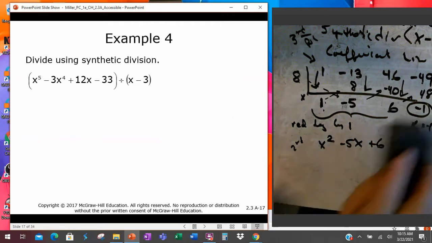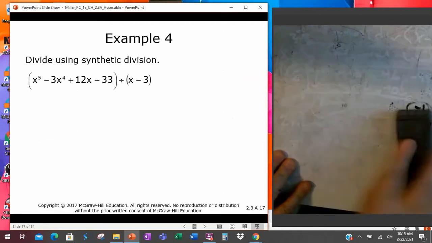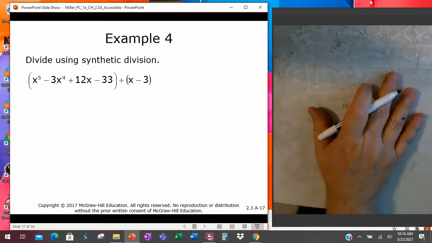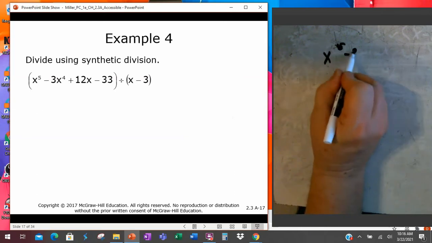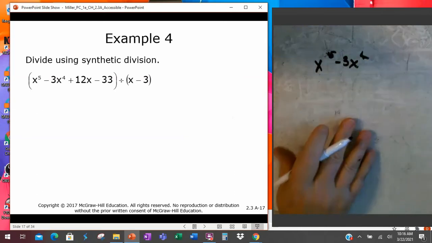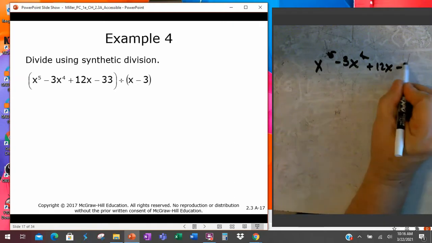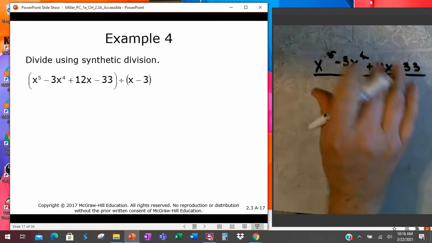So let's do this again. Let's do it with this. I've got x to the 5th minus 3x to the 4th plus 12x minus 33. And I want to divide this.